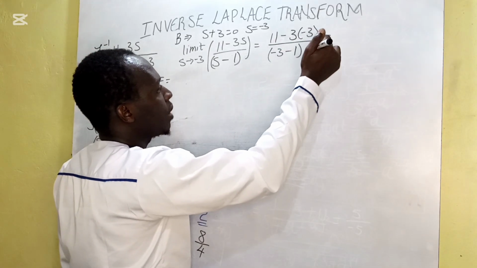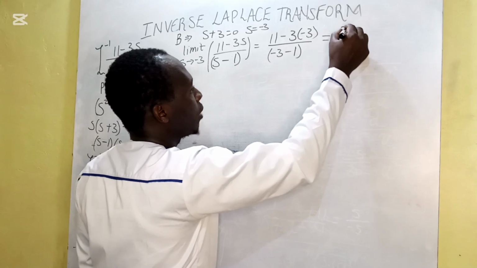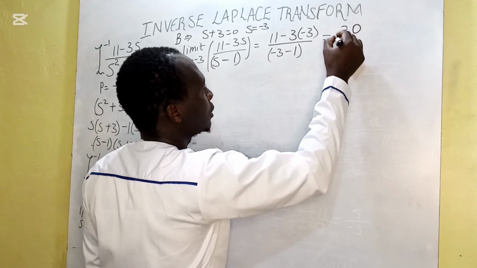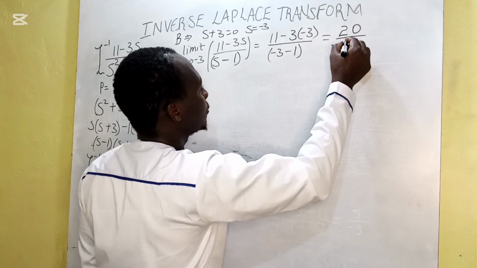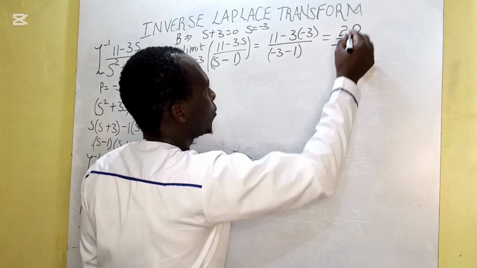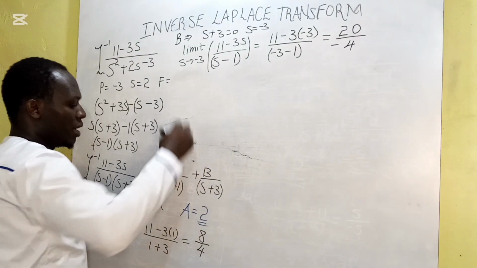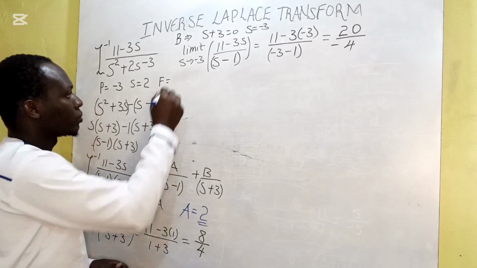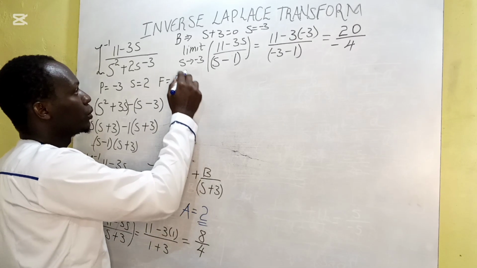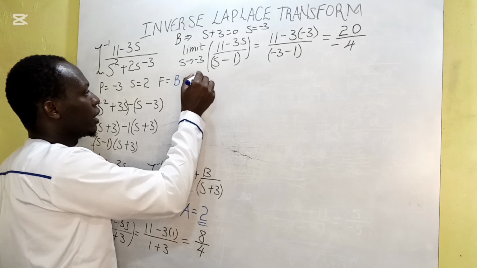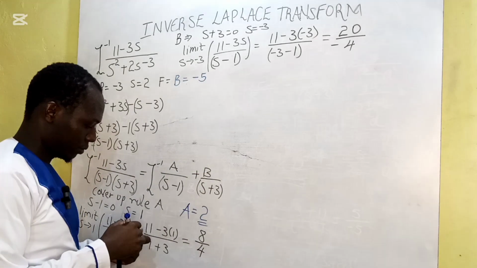Here we are going to have a positive of 9, to mean we are going to have 20 all over a negative of 4. The value of B is equal to negative 5.